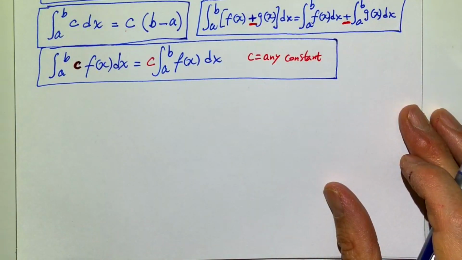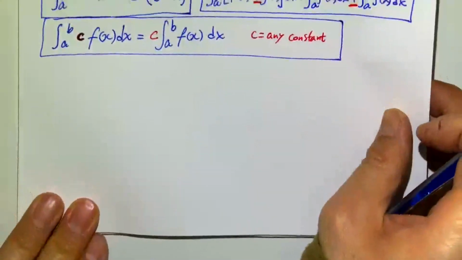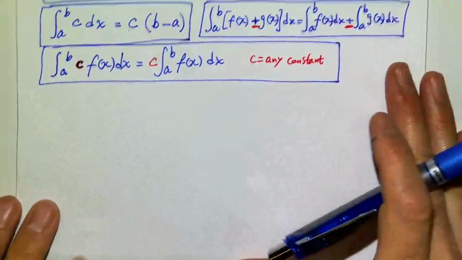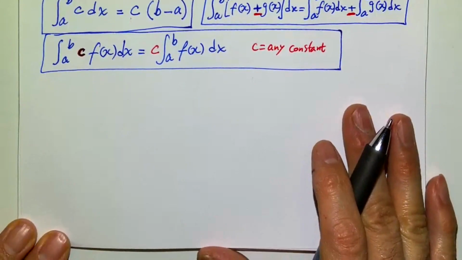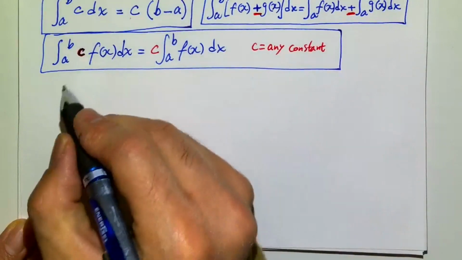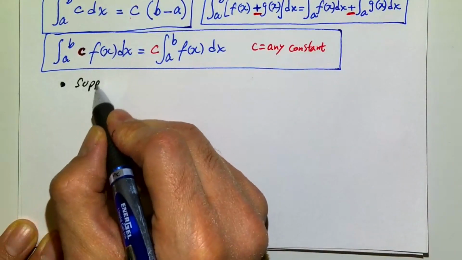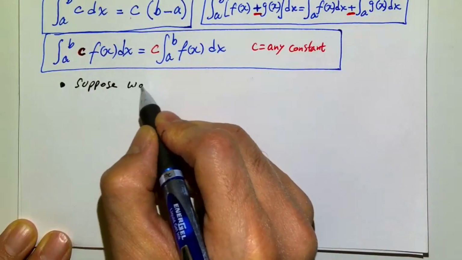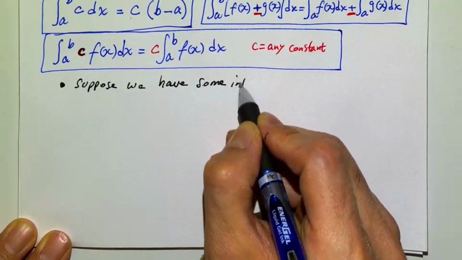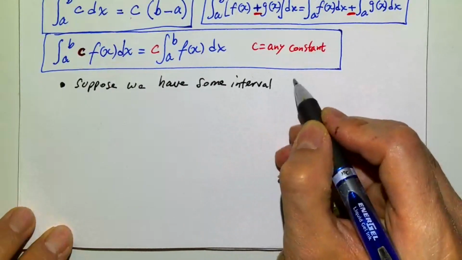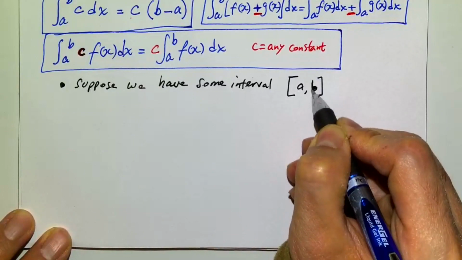What else do I have here? Let's see. Okay, so this one is really a useful property too. Let me actually describe this because I have to give a description of this. Suppose we have some interval, let's say a, b, a closed interval, a to b, right?